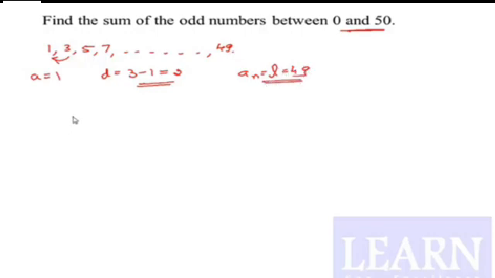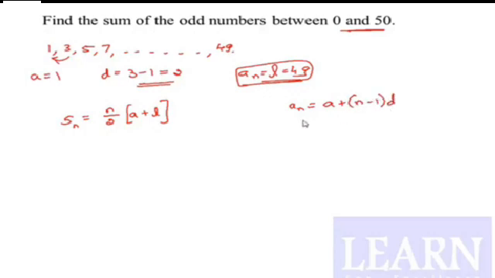Here we know the last term, so which formula are we going to use? Sn is equal to n by 2 into (a plus l). But here we don't know the value of n. How to find the value of n? Substitute in the formula of an. So an is equal to a plus (n minus 1) into d. an is 49, equal to 1 plus (n minus 1) into d, d is 2.